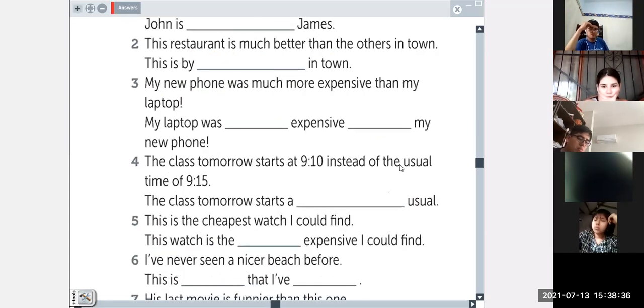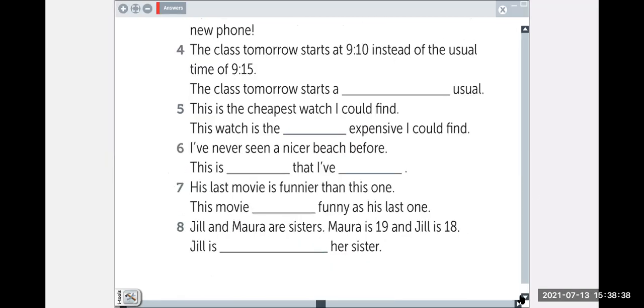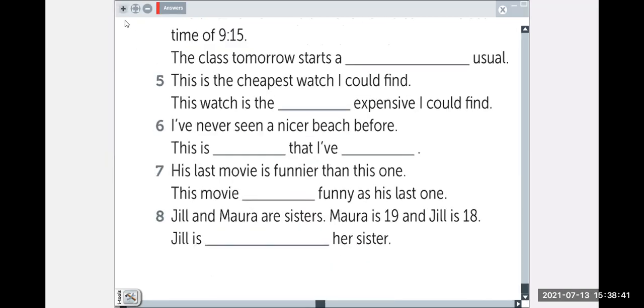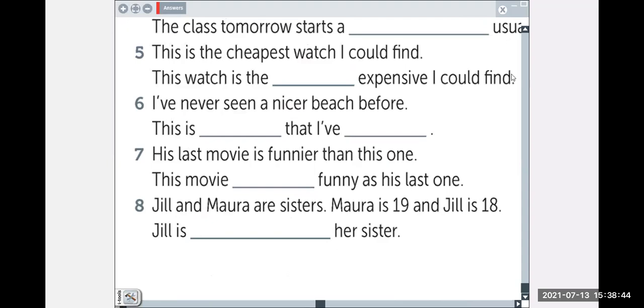Anybody else with number 7? I think this movie is not as funny as his last one. Very good. Isn't, recuerda que el negativo viene antes del as. Okay? Isn't as funny as his last one.